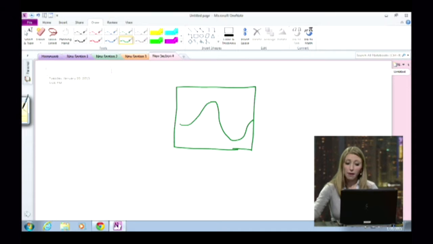Whenever you're choosing left bound, it doesn't really matter, but choose any spot to the left of where that maximum is going to be, or basically the top of the hill, if you're thinking of it about a mountain. Then you'll push enter, and then you'll do the same thing, and it'll say right bound, and you'll move your cursor so that it's to the right of the top of that hill, and then enter.